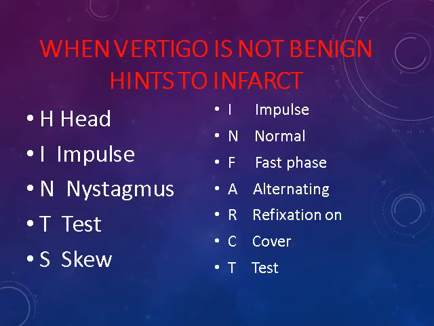How can we use HINTS to differentiate between a peripheral cause, like vestibular neuritis, and a central cause, like stroke?